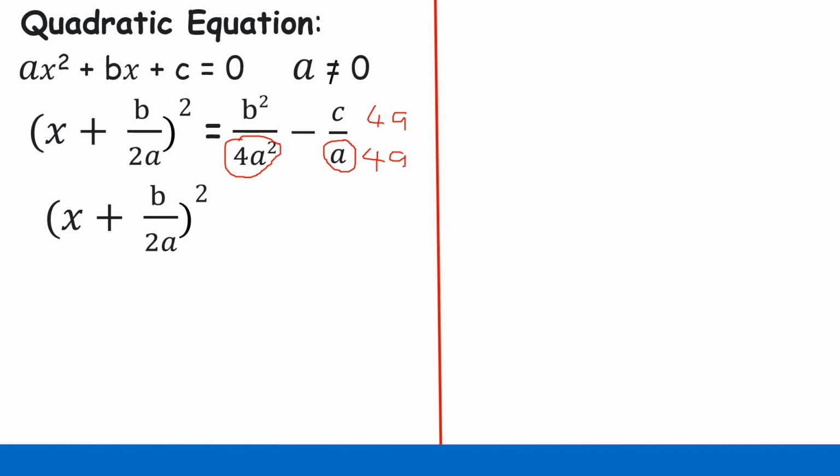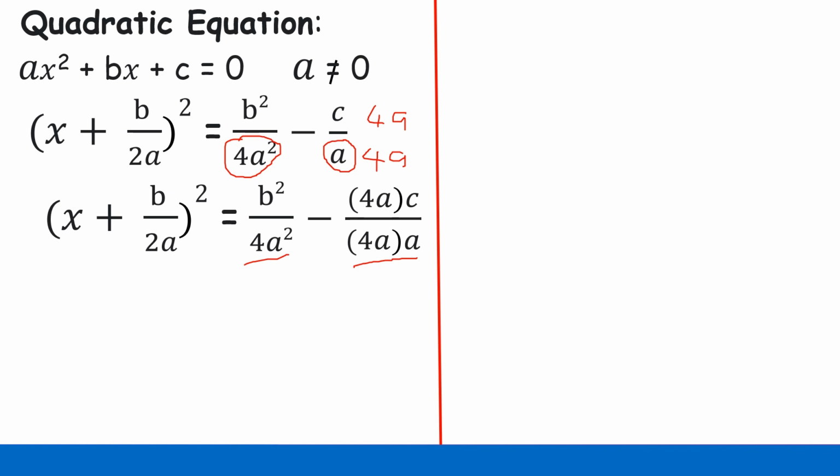The whole objective is to have a common denominator, and that's what we have as expressed. So we now have x plus b over 2a all squared is equal to b squared over 4a squared minus 4a times c over 4a times a. Remember, the whole objective is to have the same common denominator.